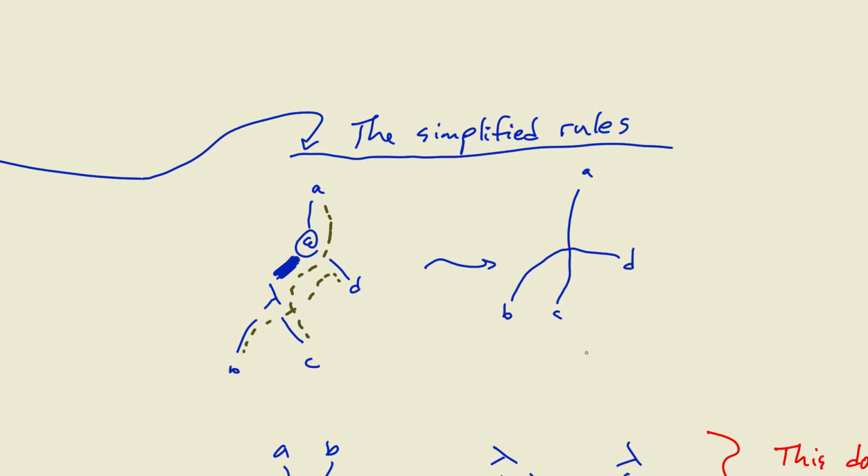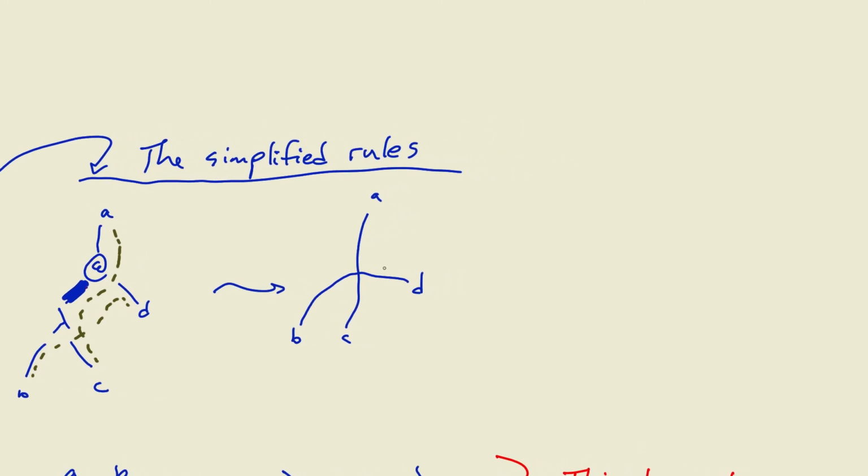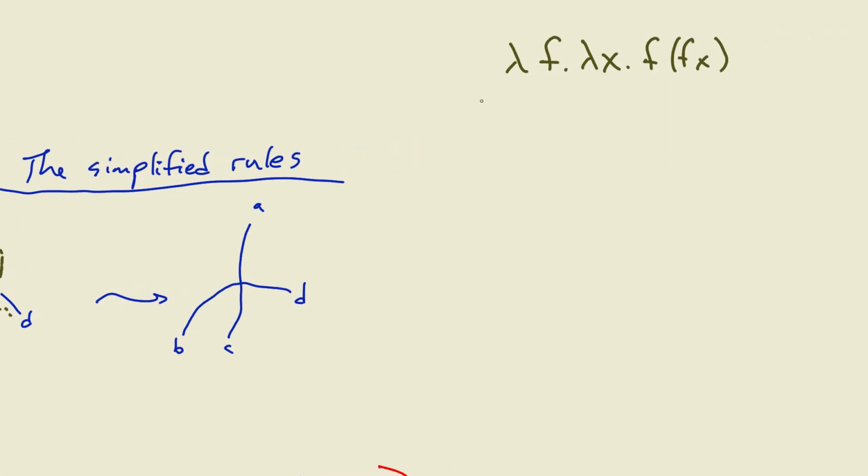Really cool. Part of what makes this make sense is that it's presupposed that your lambda-bound variables are used only once. You say, wow, that sounds like a pretty bad restriction. How do I do something like lambda f, lambda x, f of x? You have to put explicit sharing nodes for this. So you write lambda, that's for the first lambda, another lambda, and then you've got an application node.